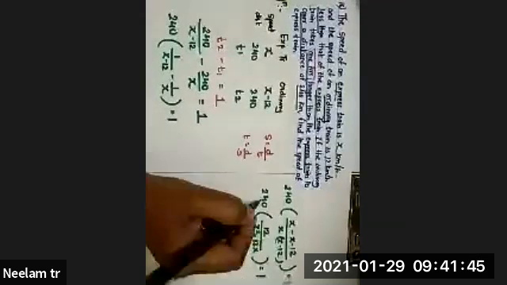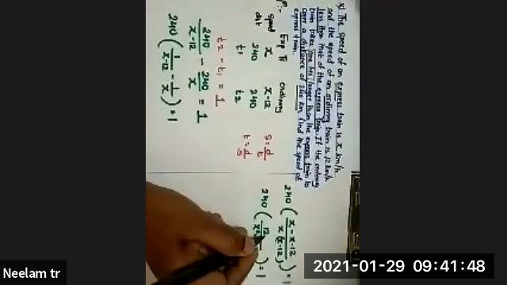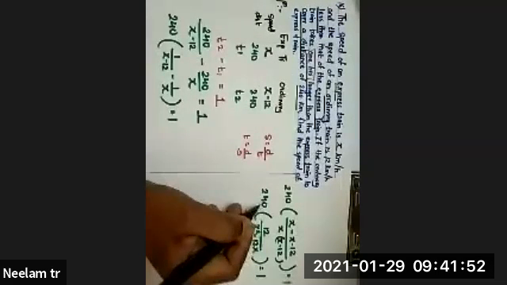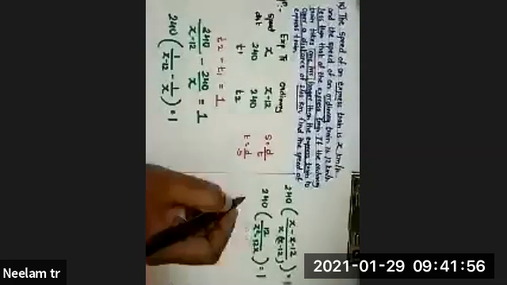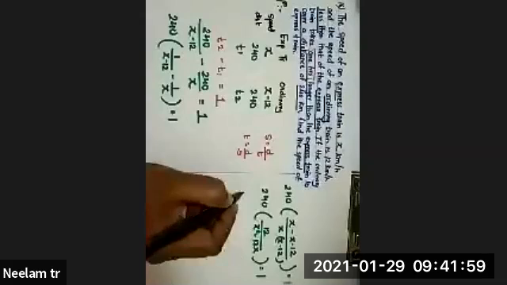Now you will multiply this, and this will go to the right hand side. 240 into 12. 12 fours are 48. 12 twos are 24. 24 plus 4, that is 28, and 0. 2880.